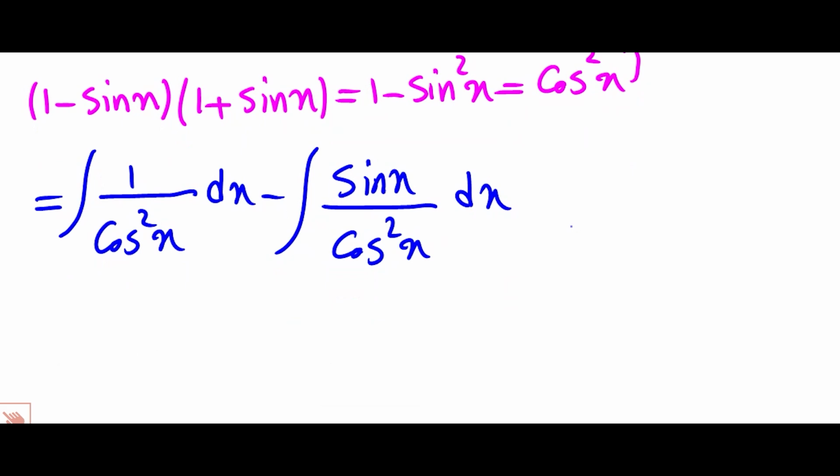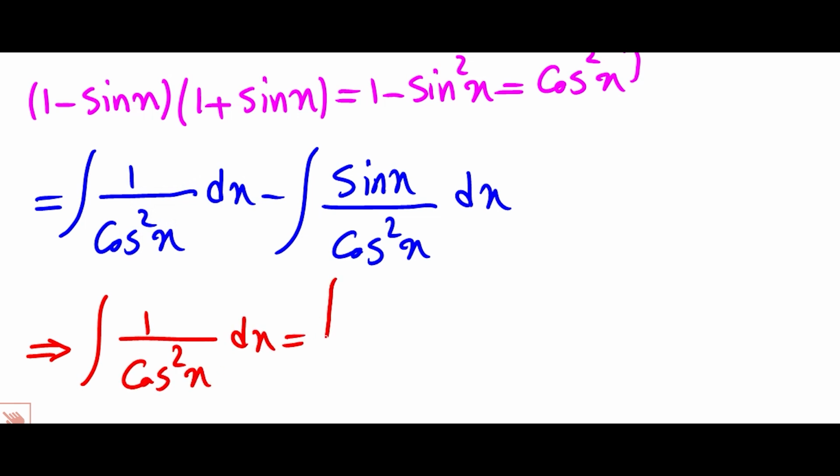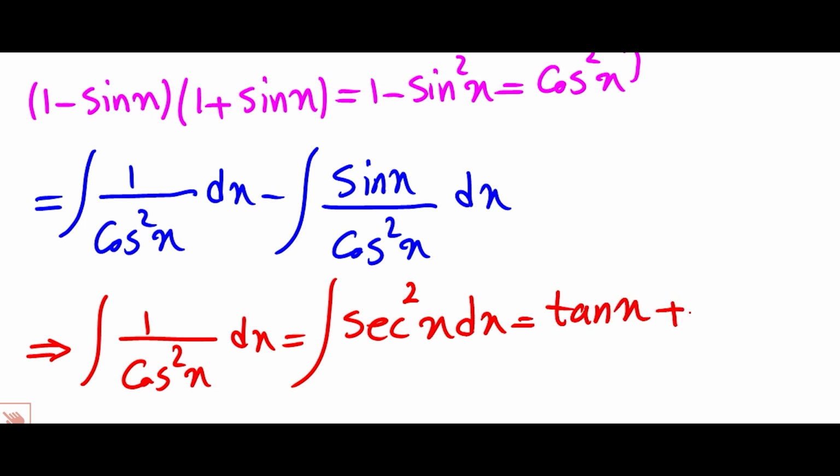The first integral is the integral of 1 over cosine squared of x dx, which equals the integral of secant squared of x dx, which equals tangent of x plus c.